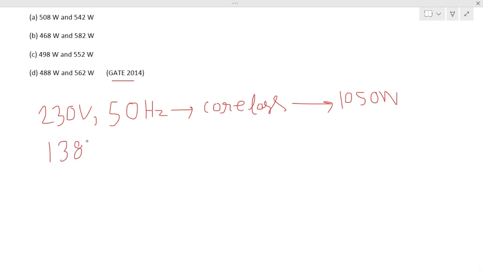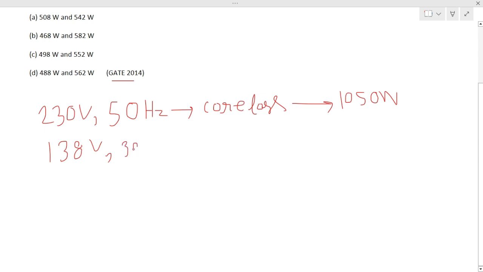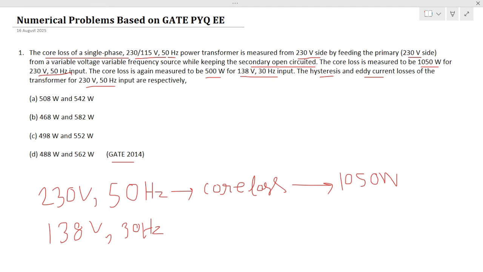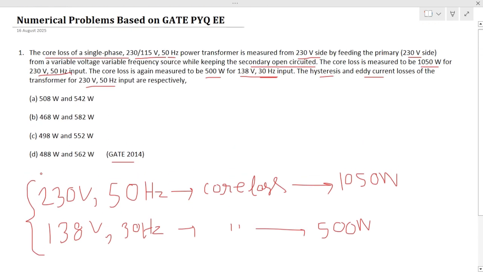The other side is 138 volt and 30 hertz, and the core loss is 500 watt. I wrote these lines for your better understanding, otherwise you can skip them and directly solve the problem.